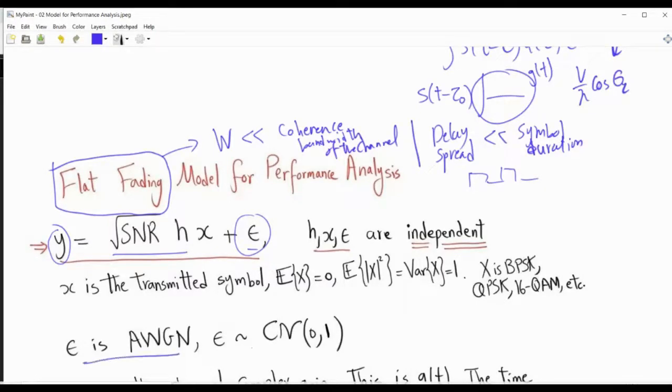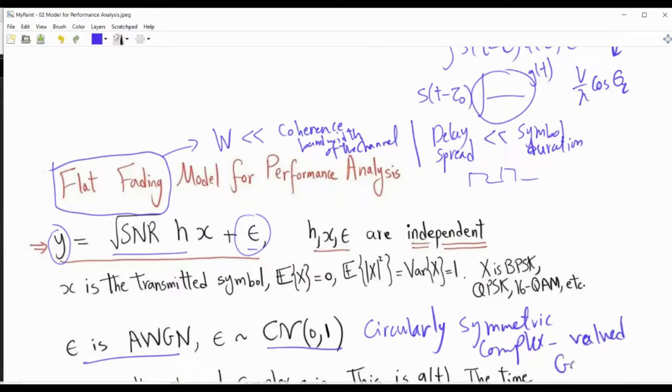So we'll take the additive white Gaussian noise to be circularly symmetric complex valued Gaussian, zero mean and unit variance. Okay, so it's a standard. So that's the normalization. We don't say sigma squared or something. It's just 1. And the noise is independent of the transmitted symbol and of the channel.